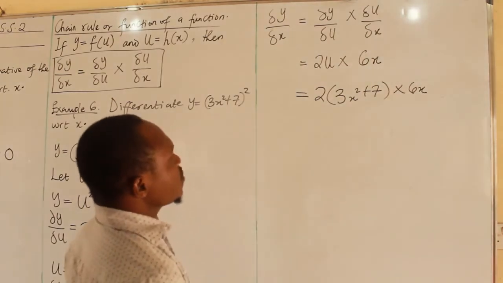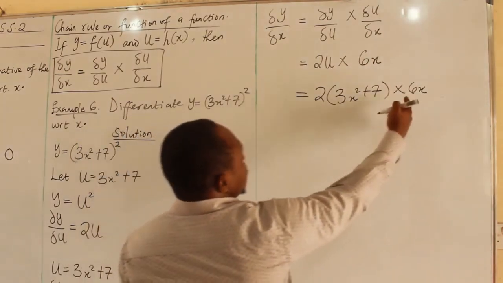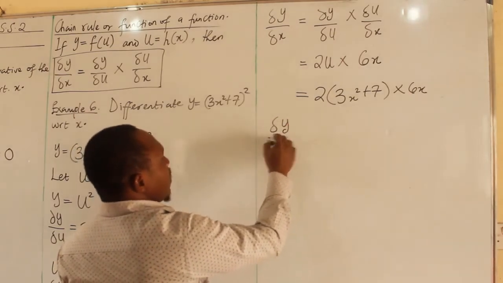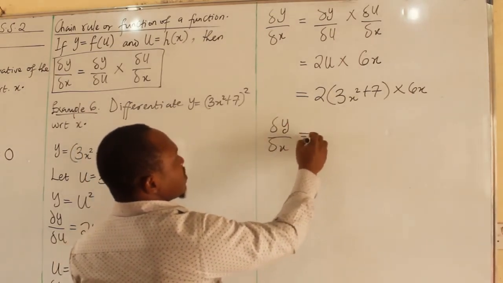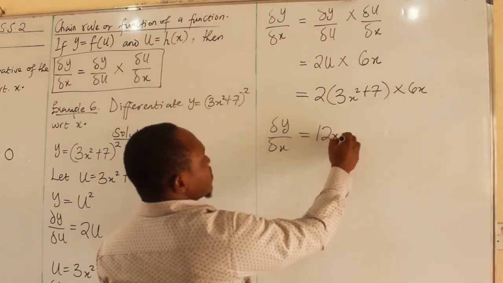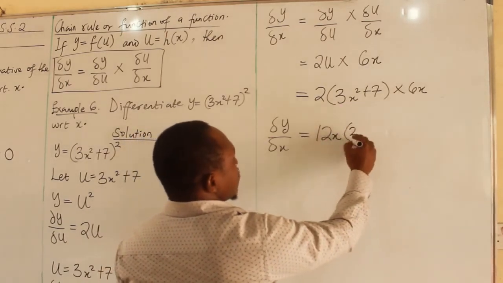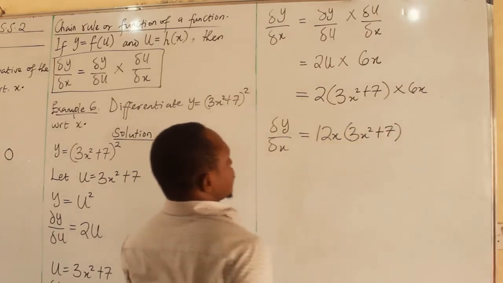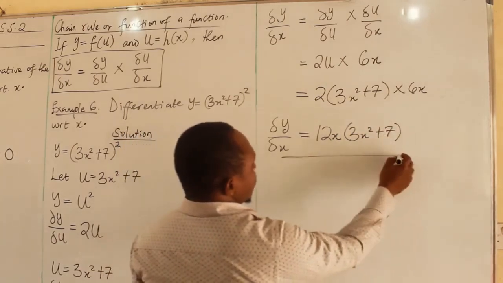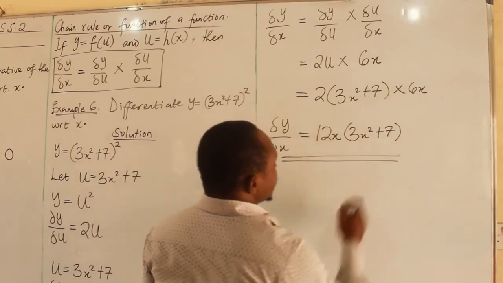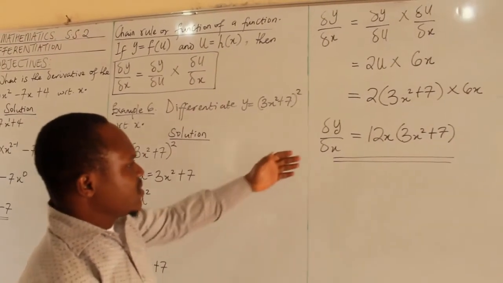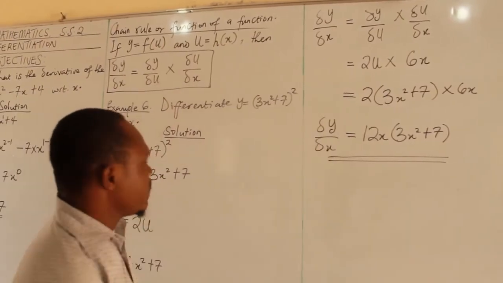So 2 times 6 times x, we have dy over dx will give us 12x into (3x squared plus 7). This is the value of dy over dx. This represents the function of the function.